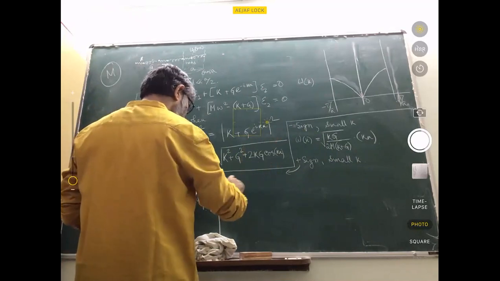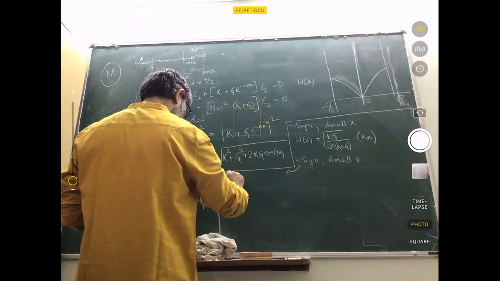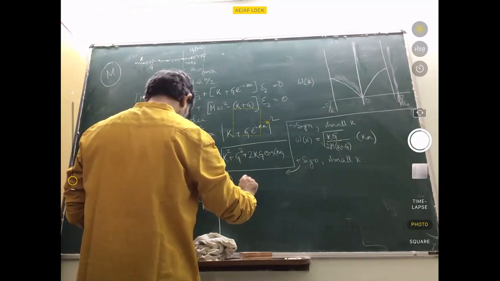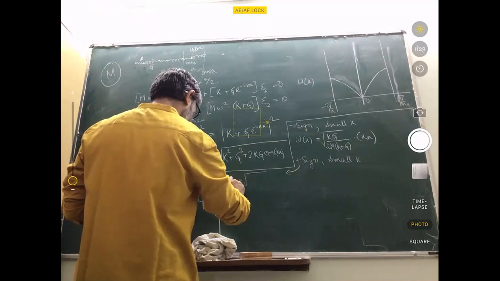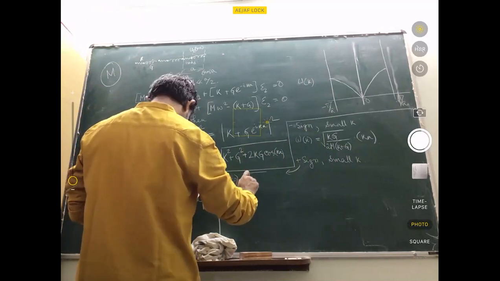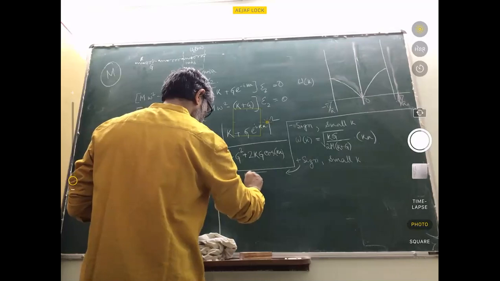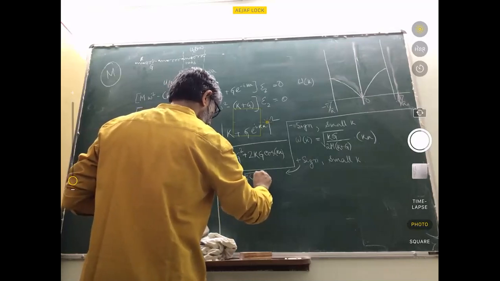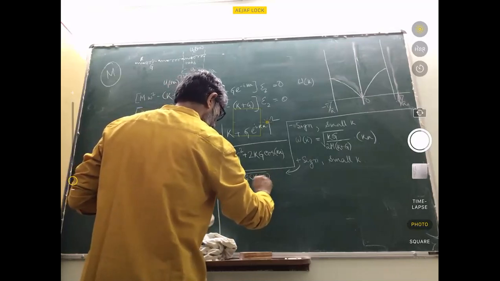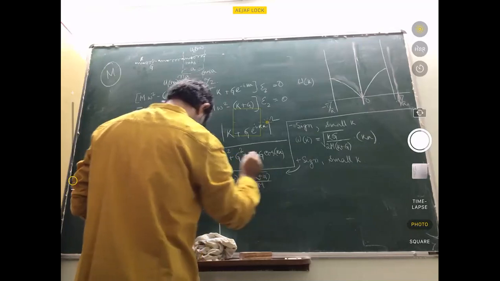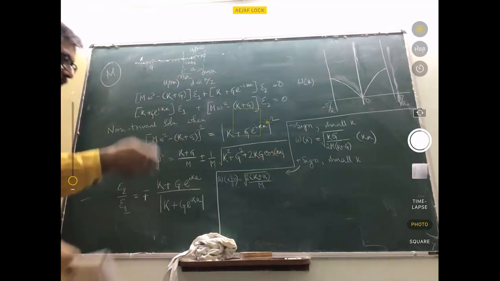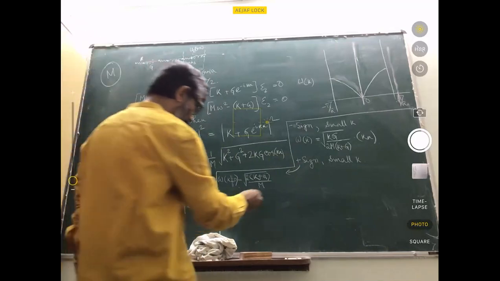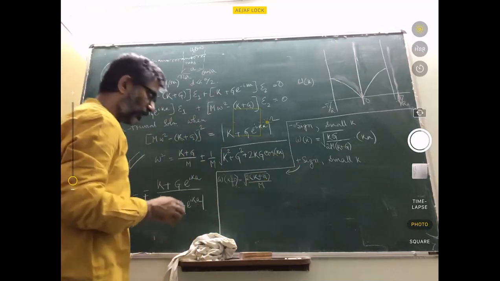So here you will get omega of k, or omega at k equal to 0, is this, and there will be some order k squared terms after this. So at k equal to 0, this is what you get.